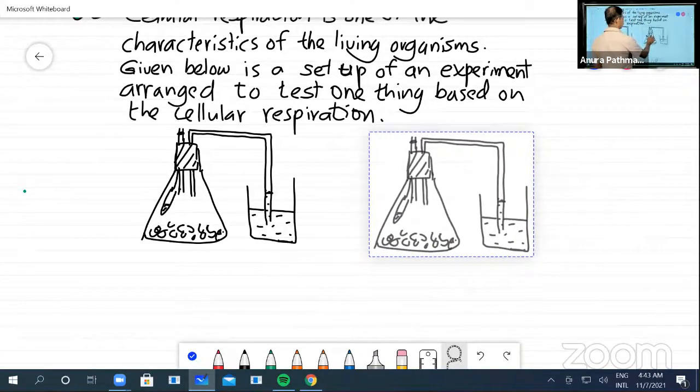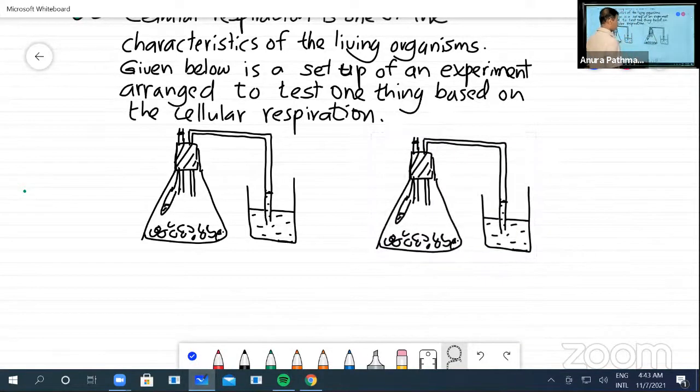Only the thing is that here you have to change this one and change this one. So I will correct that one.